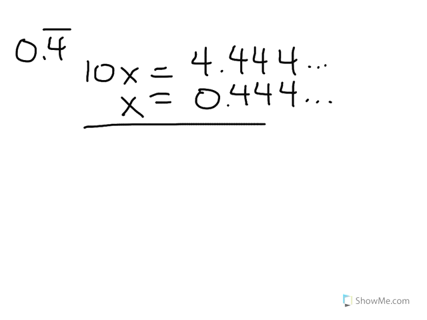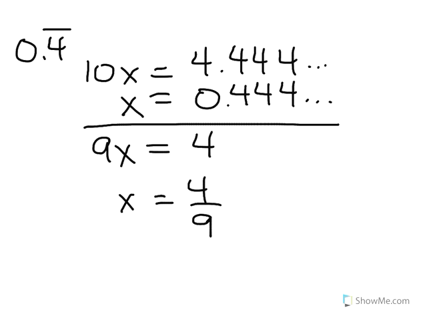Now, subtract the second equation from the first equation. 10x minus x is 9x. 4.444 forever minus 0.444 forever is 4. Now divide each side by 9, and x is 4/9.